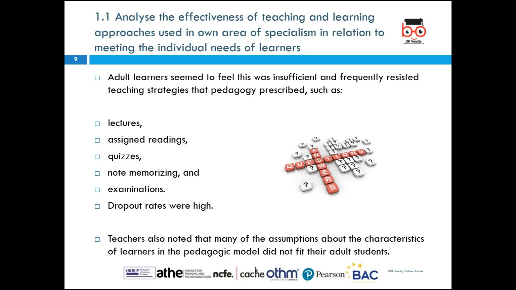With adult learners, they felt that this type of teaching was insufficient. In a classroom environment, you're in front of the classroom or sitting next to your student, just passing the information on to them and you set them to task. You're not really asking them to think about it too much. You're teaching them about the rainforest and you give them some slides, you show them a presentation, you do a couple of games, you give them some activities and you say, right, here you go, answer these questions.